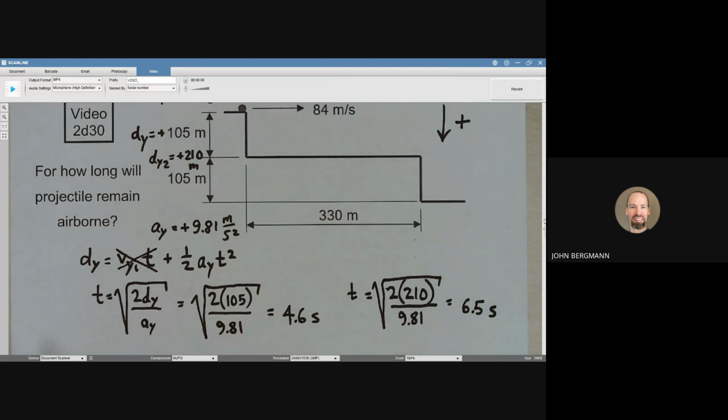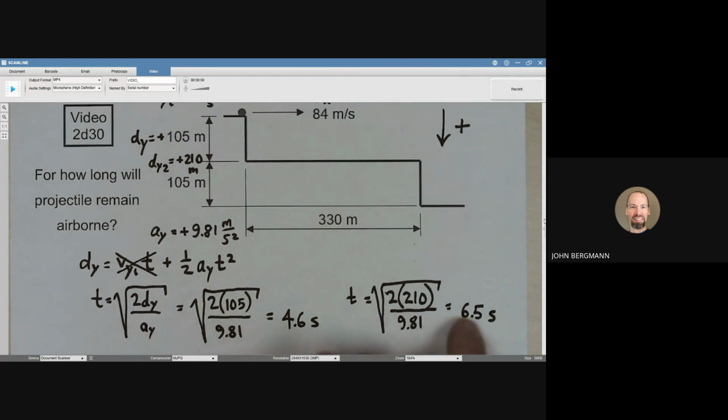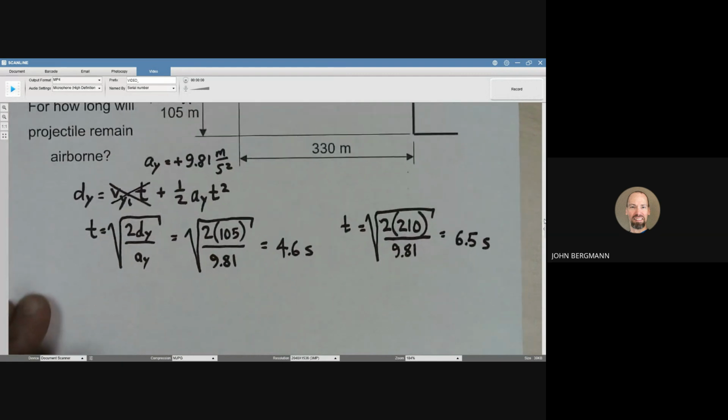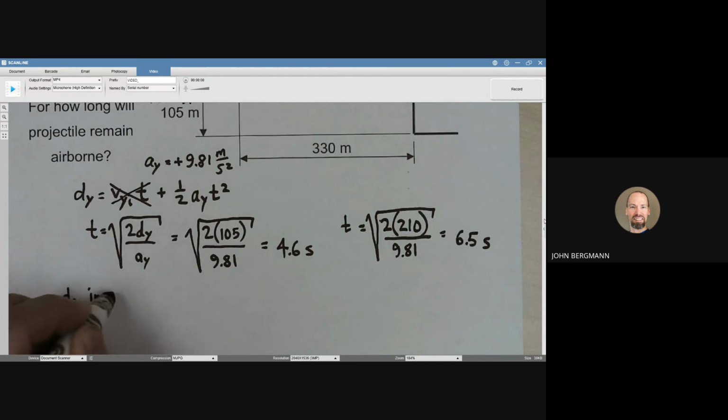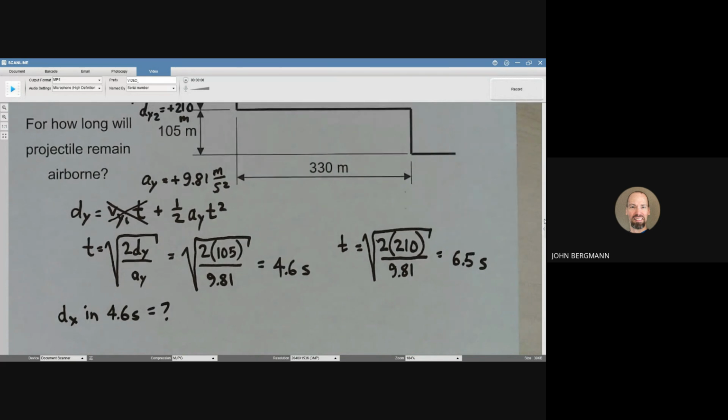So what we can do is take these times, in particular this one, and see how far in the x direction this cannonball has gone in 4.6 seconds. Let me write that right here. Dx in 4.6 seconds equals question mark. How far has it traveled in 4.6 seconds?